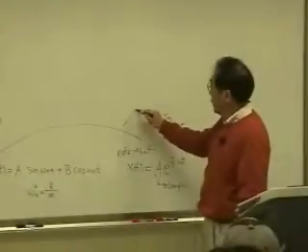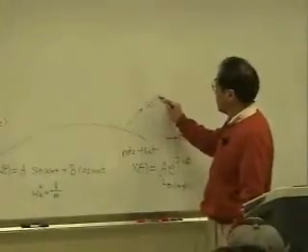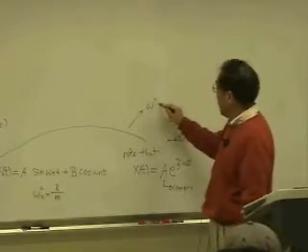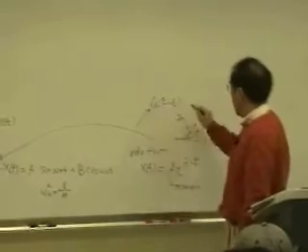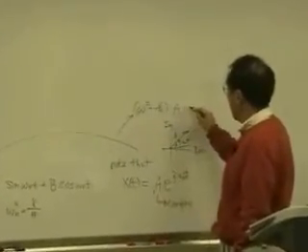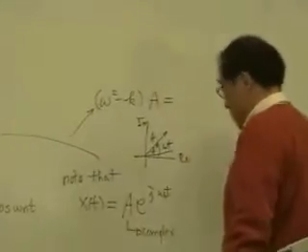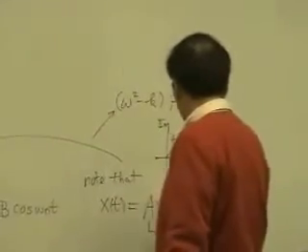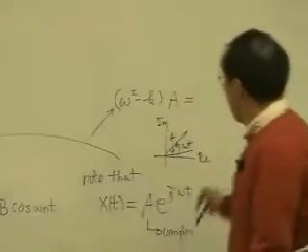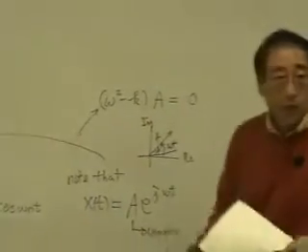we have omega square minus k. Okay, A is equal to, let's begin with omega over here. Has to be 0. Right?